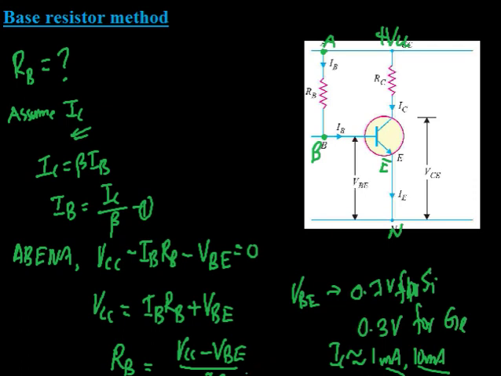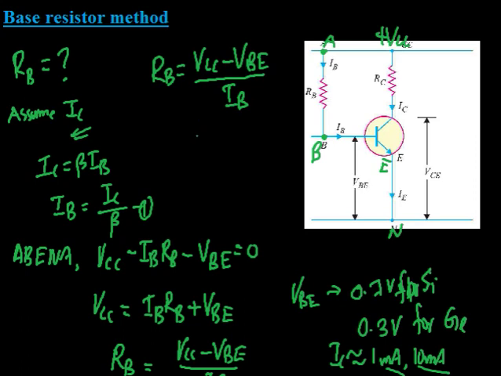So from here we will get the value of RB. This RB will ensure the conditions for faithful amplification. From equation 1 we obtain RB is equal to VCC minus VBE divided by IB, and you know that VCC is very much greater than VBE.